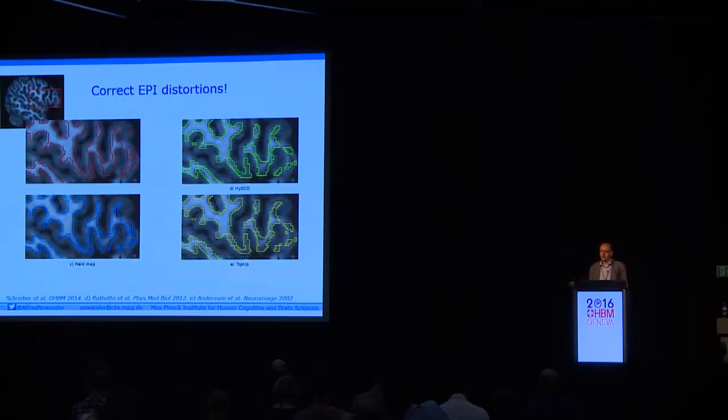They get distorted more or less strongly, and there are several different methods to correct for this. One is the field map, and the other method is to acquire images with opposed phase encoding directions, as we heard before, and we compared different algorithms to correct for this.